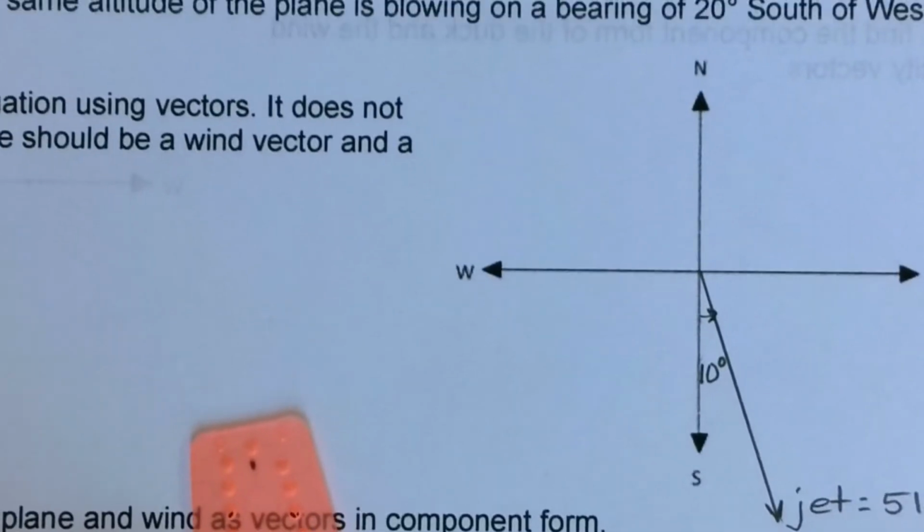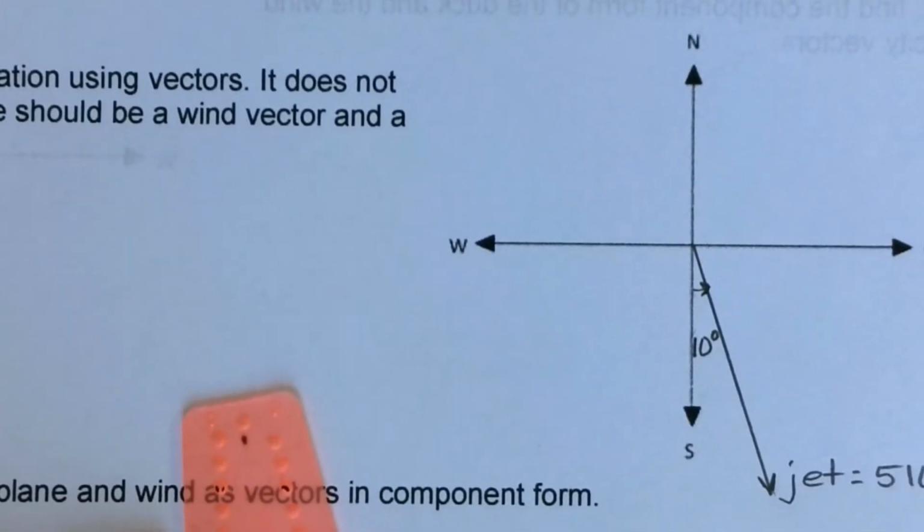Now what I want you to do is pause the video and do the wind vector. Okay, so hopefully you did pause. The wind vector now, let's highlight that in yellow.